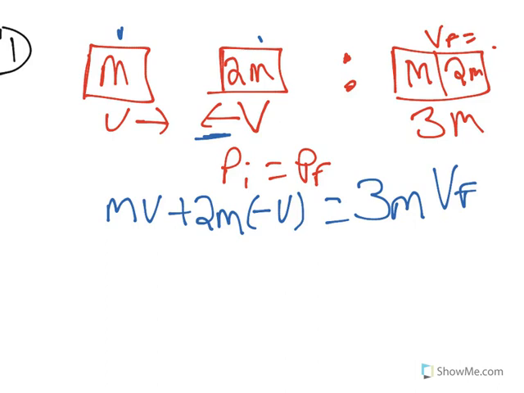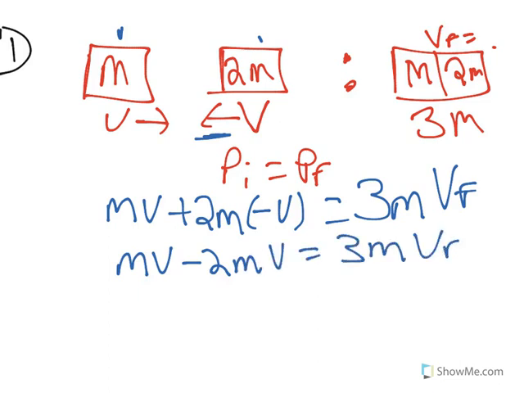Now, the first thing we're going to do is go mv minus 2mv equals 3mvf. Now you should notice that these are like terms, so we can add them, just like we could add xy plus 3xy. We could add that up and get 4xy. That's what we're doing here.